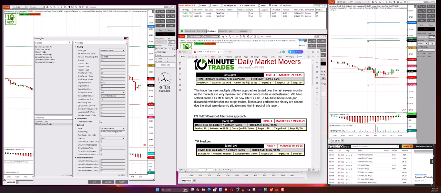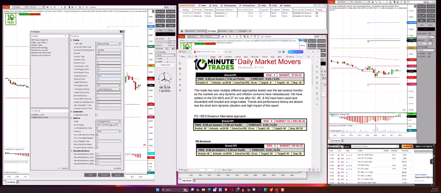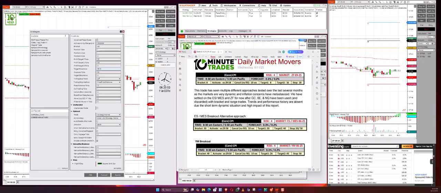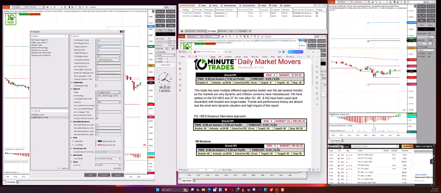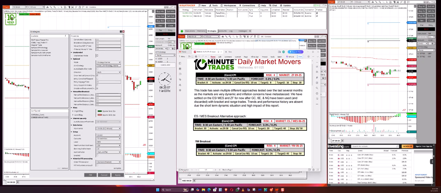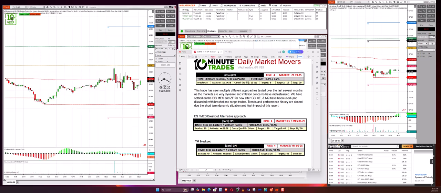Then I will go down and label the trade BRK for breakout YM, and I'll trade it on the same prop account that I had set up for that reversal continuation. Because the idea of the reverse continue is after the news, the breakout is before the news.